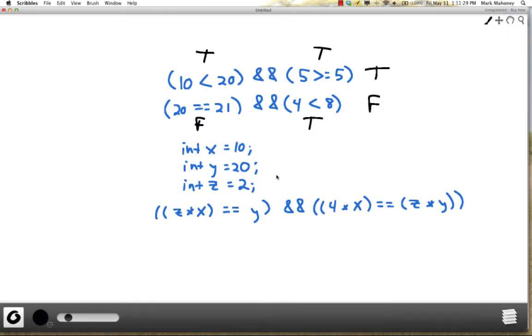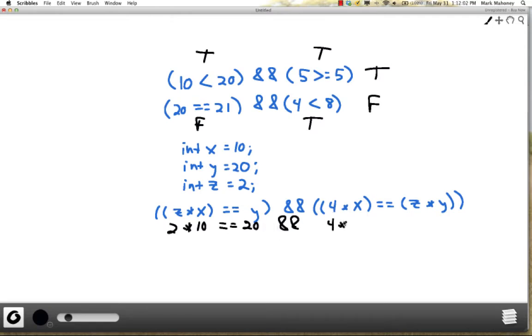We could also do these types of logical expressions involving variables. Let's look at the values here. I'm just going to go through and replace these. We have z is 2, x is equal to 10, and y is equal to 20.